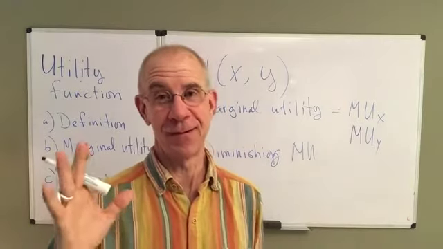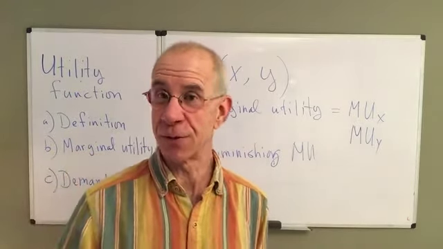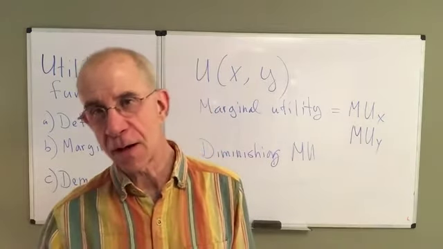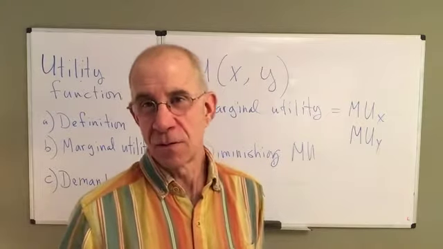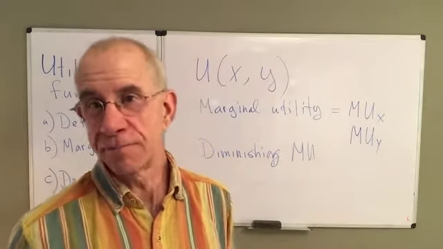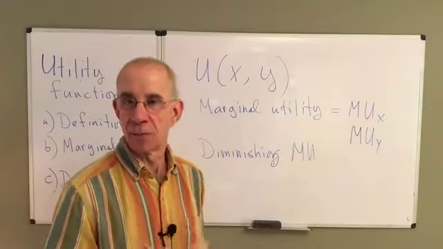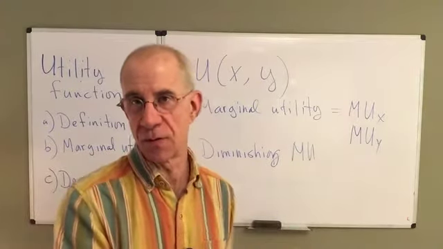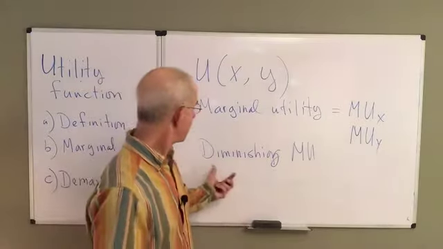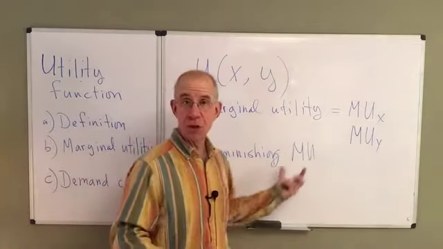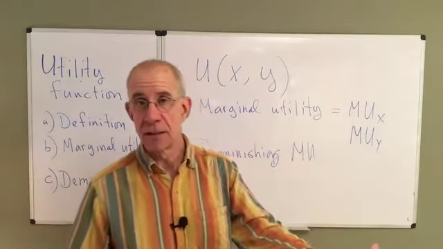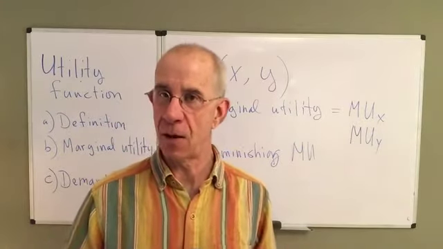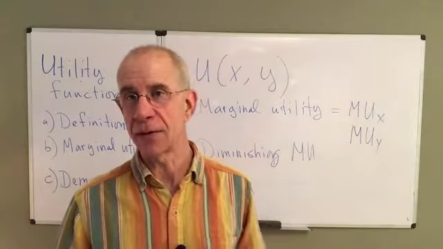In fact, for me in the morning, without my first cup of coffee is a sad sight to behold indeed. Second cup of coffee is not as important. Third cup, not really that important to me. I get less happiness the more I consume of this good. We have this idea of diminishing marginal utility as a frequent assumption about how consumers will react to consuming more of a good.